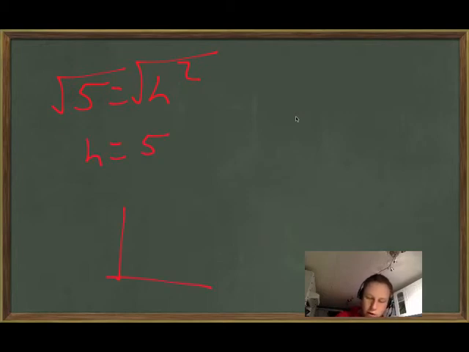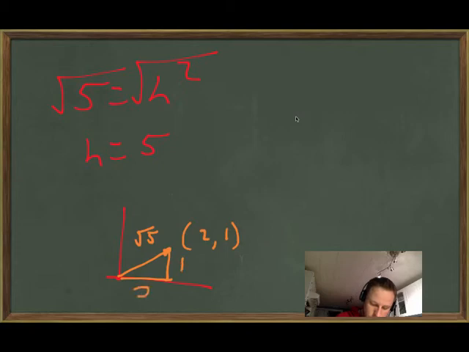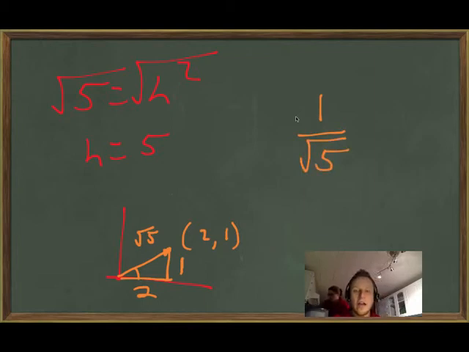So our triangle ends up being: here's our point, 2, 1. Our hypotenuse has length square root of 5. This is 1, this is 2. So sine is the opposite of this angle, which is 1, over the hypotenuse, which is the square root of 5. Can we have a square root of 5 in the denominator?